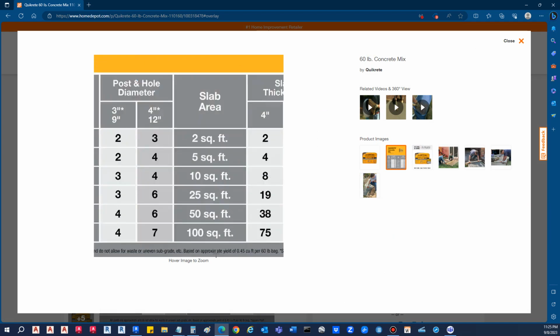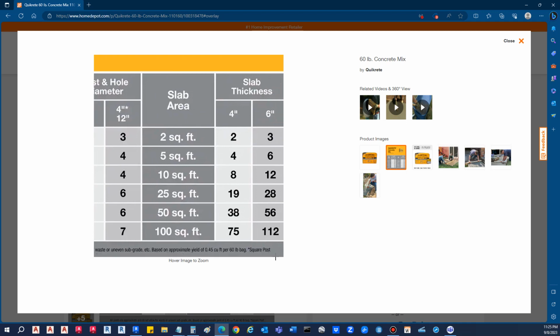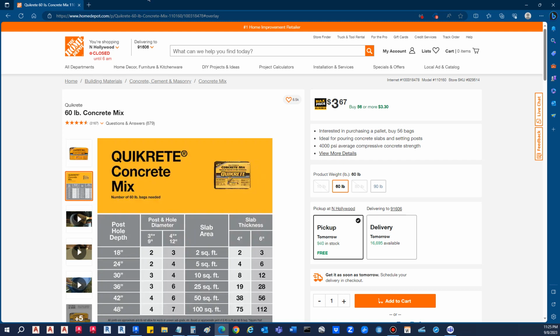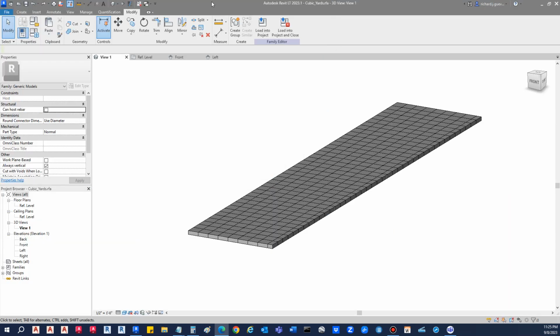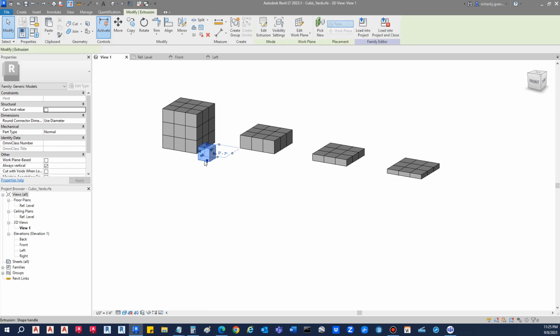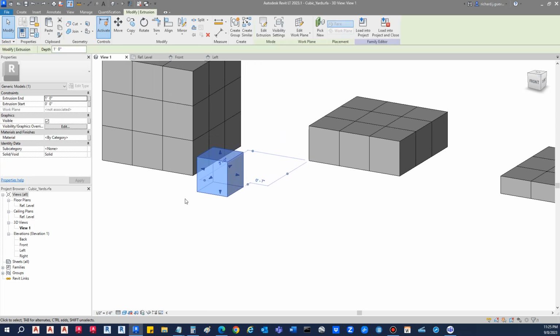So if you look at the label, it says here, based on an approximate yield of 0.45 cubic feet per 60-pound bag. Cubic feet, not cubic yards. So it's actually easier. If you look at it, one bag is half of this, roughly 0.45 cubic feet. This is 1 cubic foot here.